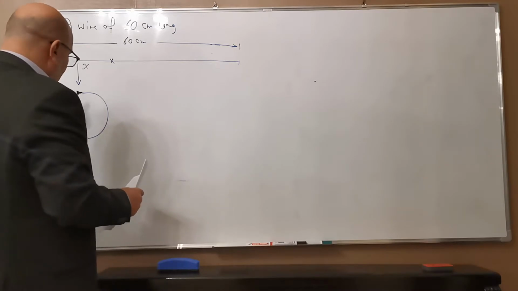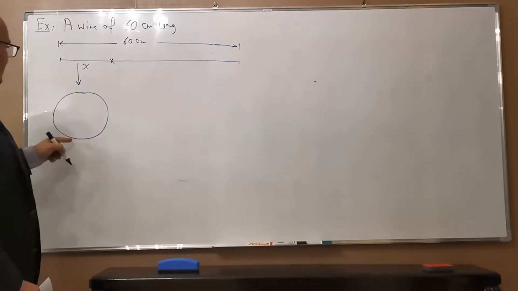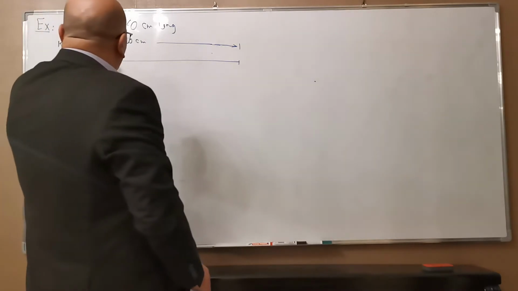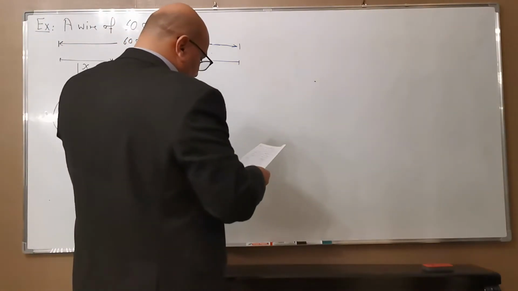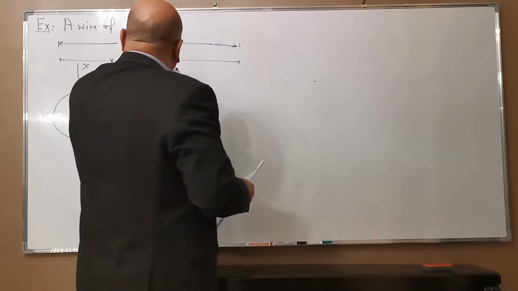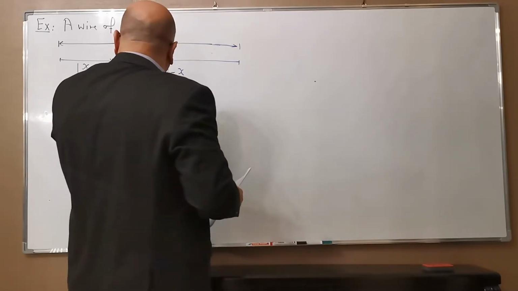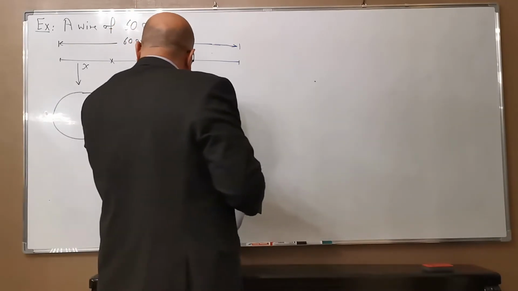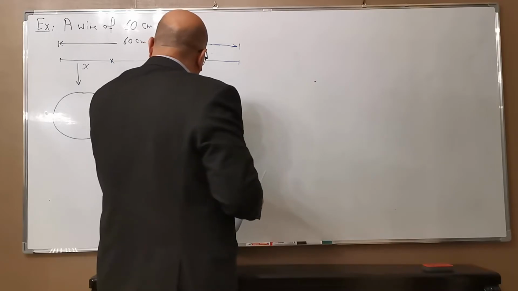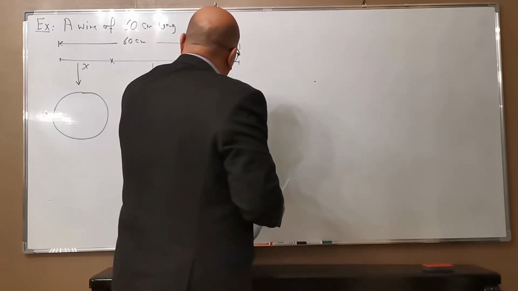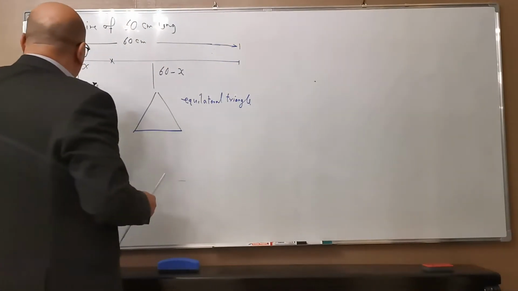So the perimeter of this circle is equal to x, which is part of this 60. What is left here, which is the amount of 60 minus x, should be transformed into an equilateral triangle. This one is a circle.